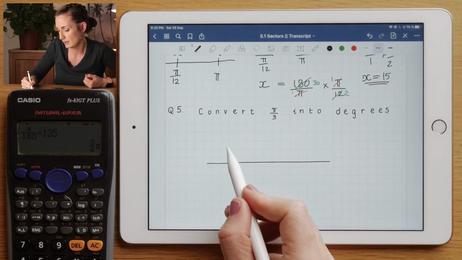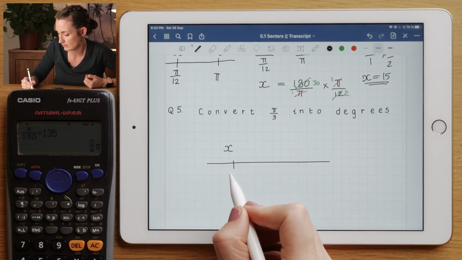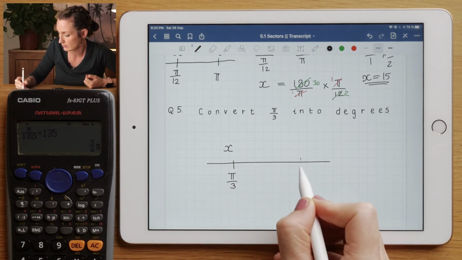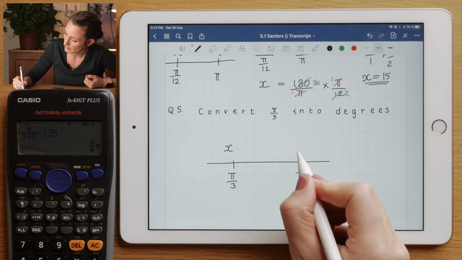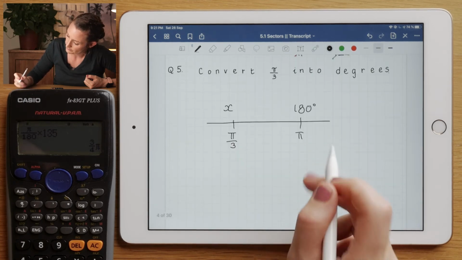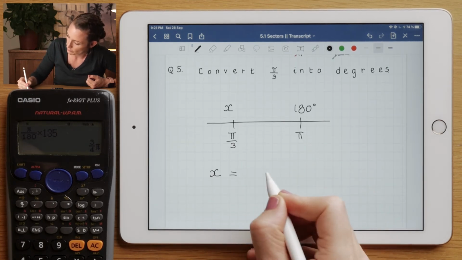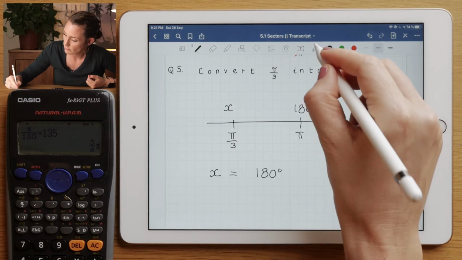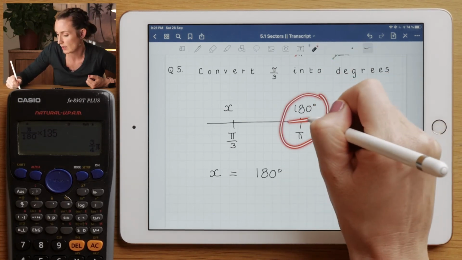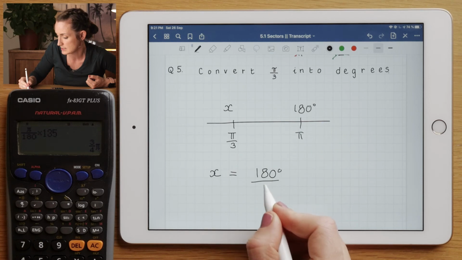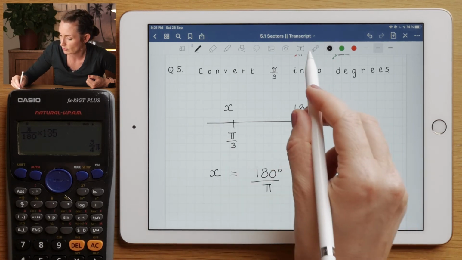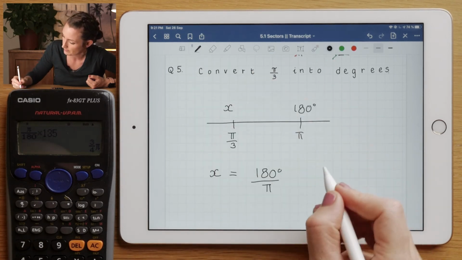So we're just going to repeat the process here. x degrees is equivalent to pi over 3 radians, when we know pi is equivalent to 180 degrees. You can also just multiply it directly. This should be the fraction, and that's why the line's there, because that should be 180 divided by pi, and you can always just multiply by this number here.